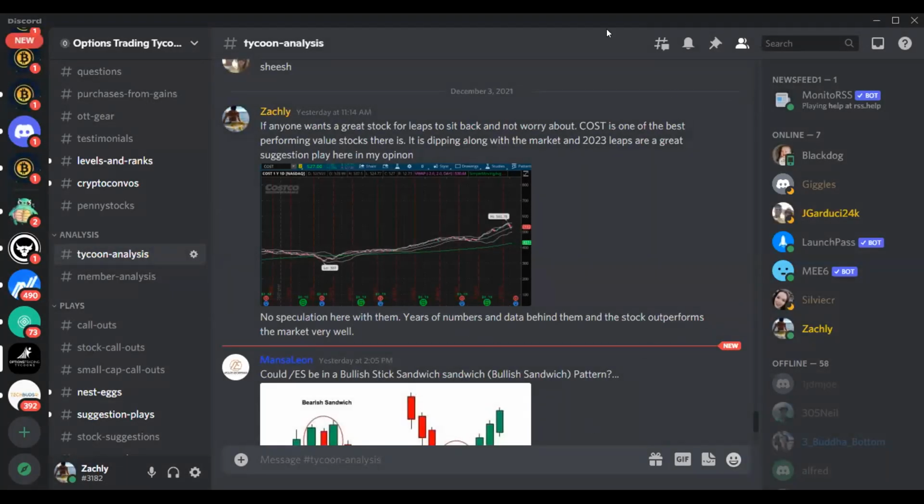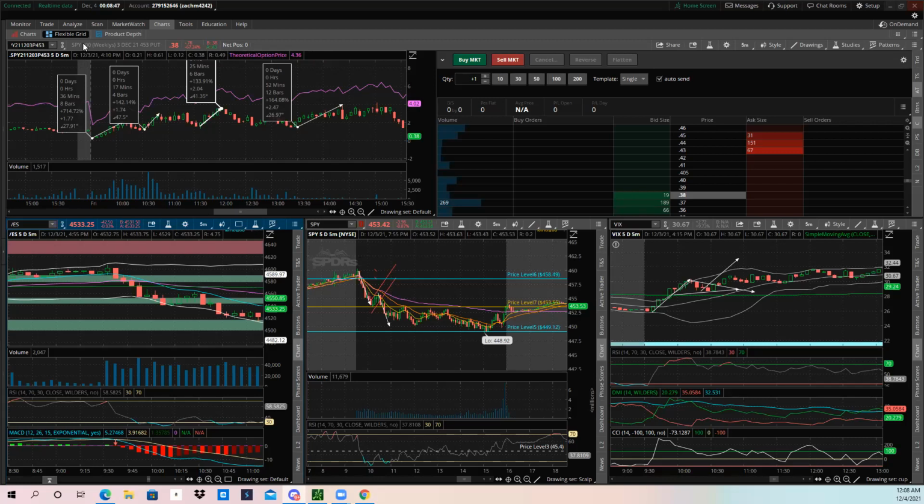We'll go back into the video so you can see what we're talking about. Right here is the value of the puts that we were buying. The SPY December 3rd 453 puts expired today, earlier this morning. There was a 700% run up in 36 minutes.